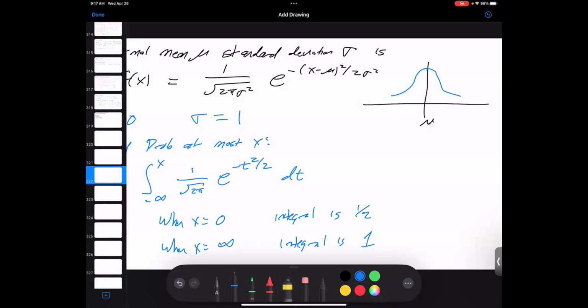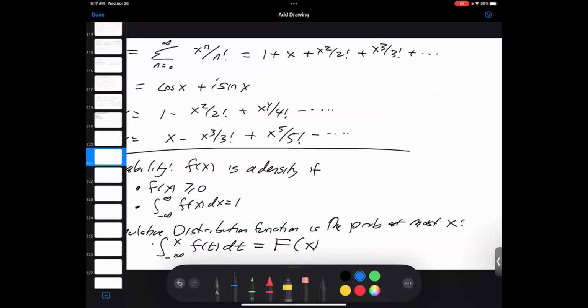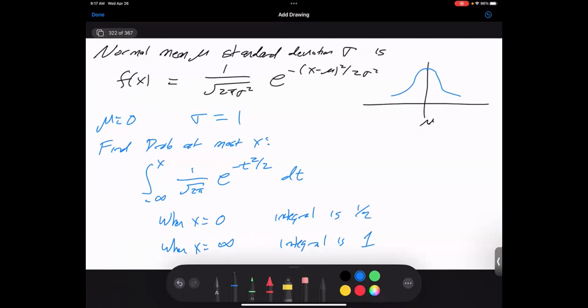We said a probability distribution has 2 conditions. It's non-negative, and the area under the curve is 1. So if I take x equals infinity, I'm going from minus infinity to infinity. What's the probability I take on a value that's at most infinity? It's 1.